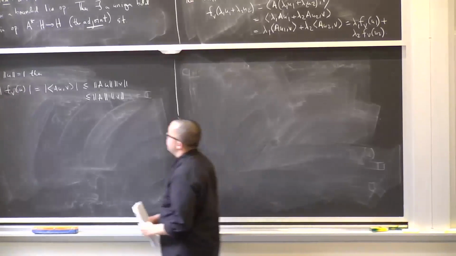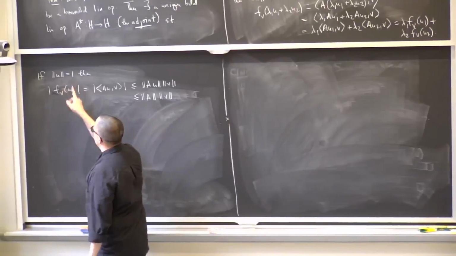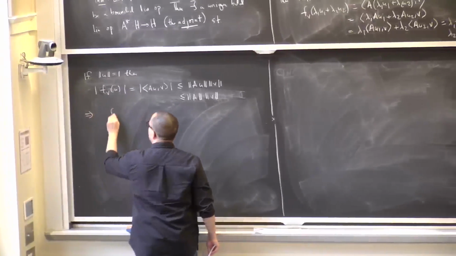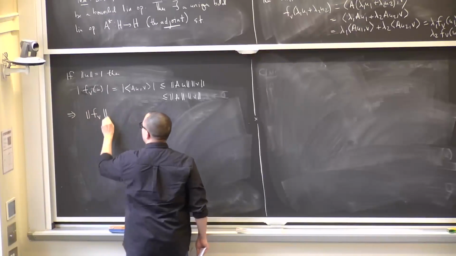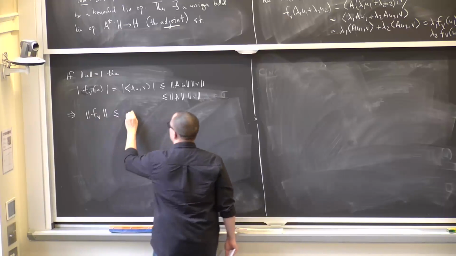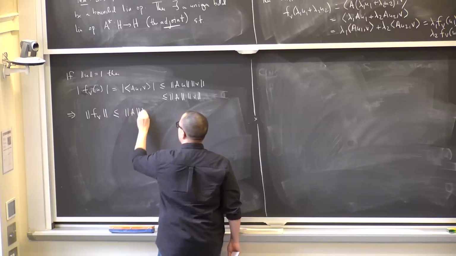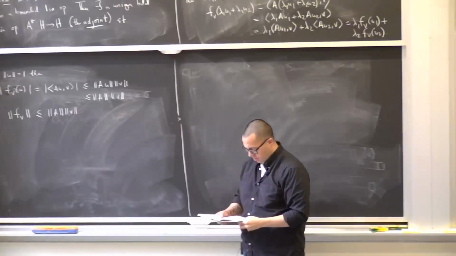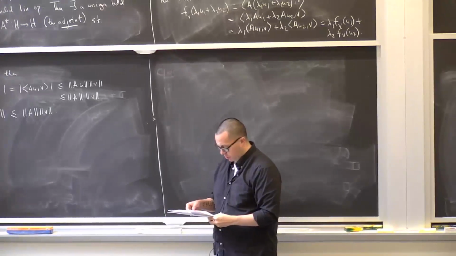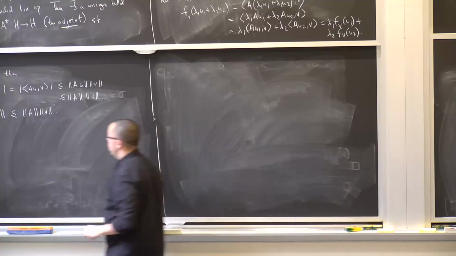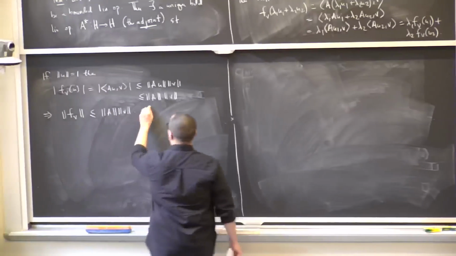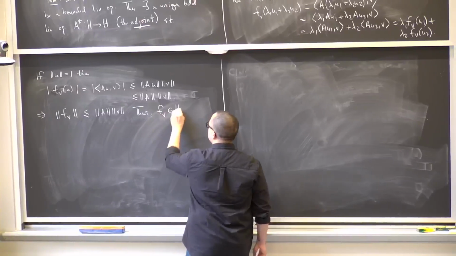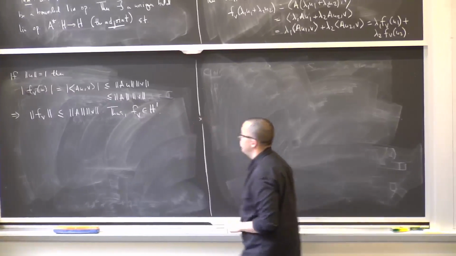So this holds for all u with norm u equals 1, and therefore the norm of this operator is less than or equal to norm of A times norm of v. Okay? So that proves that it's an element. So thus, F sub v is an element of the dual.